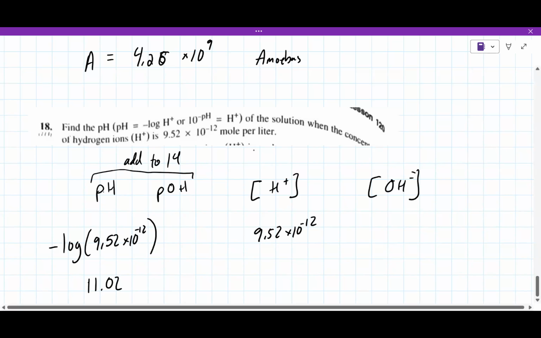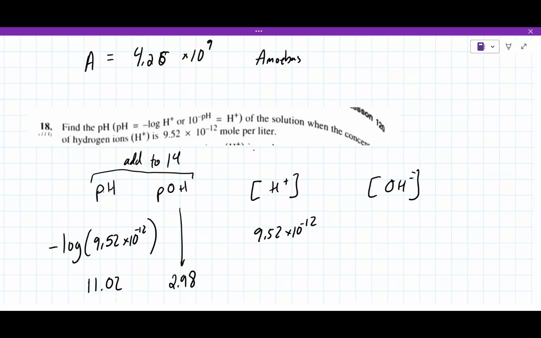So you can pretty quickly find that the pOH is 2.98 by subtracting from 14. And then to find the OH, it's 10 to the minus... well, sorry, I guess you guys aren't doing it that way.